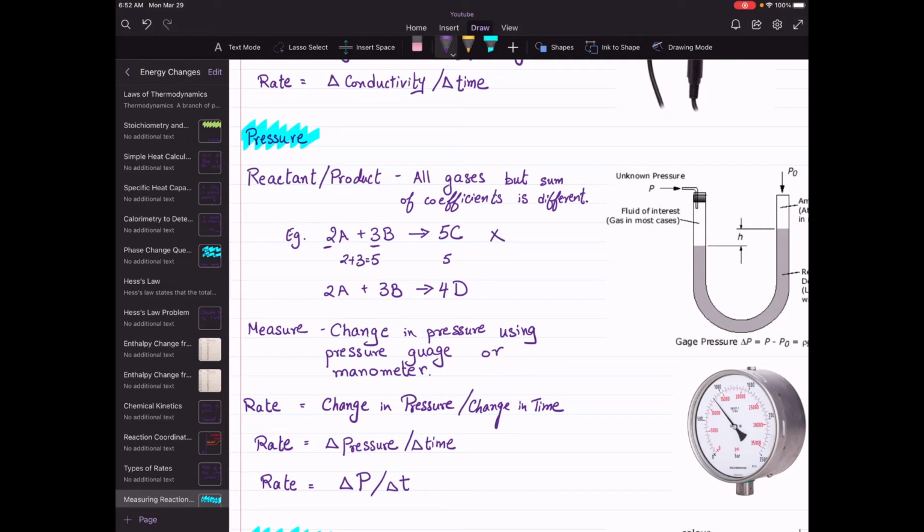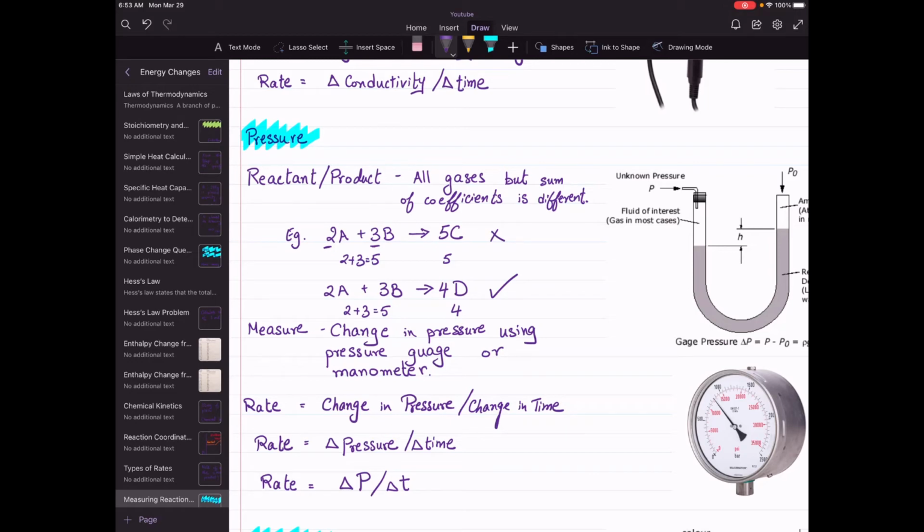On the second equation I have, second option we have is 2A plus 3B forms 4D. 2 plus 3 is equal to 5. And on the right hand side we have only 4 on the product side. In this case, what we can use, so check mark, we can use pressure as a technique to measure the rate of the reaction.